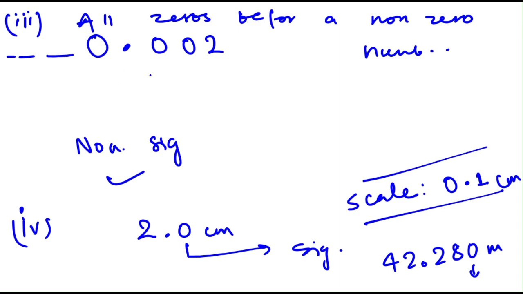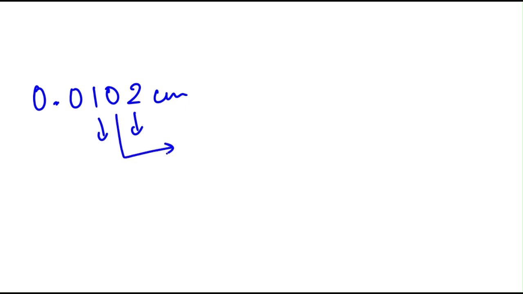Let's move to another example, let's say 0.0102 centimeters. The 1 is a significant figure, the 2 is a significant figure, and this 0 is coming between two non-zero digits, so it is also significant. So there are three significant figures here.